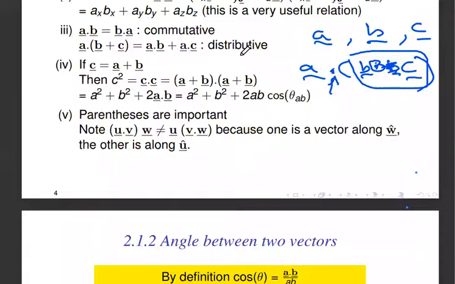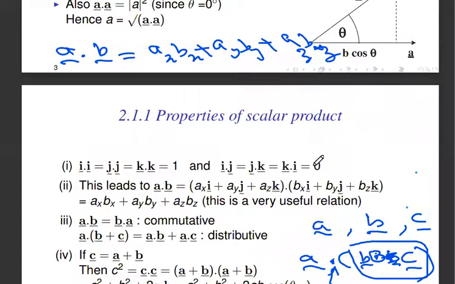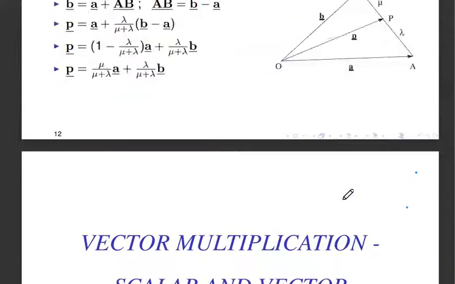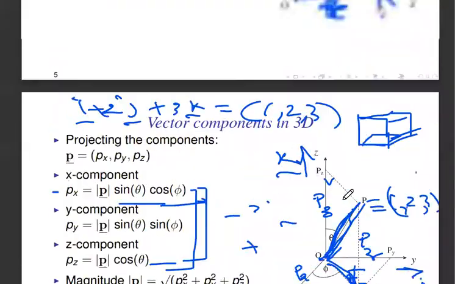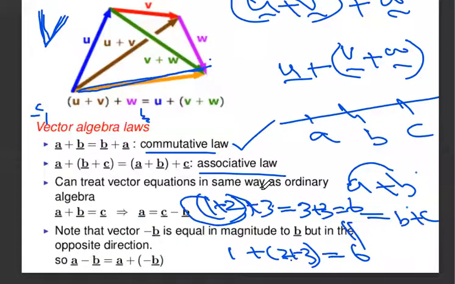Is the product associative? No, we cannot talk about associativity. Why? Because this is not defined, we cannot talk about this property. It doesn't have the associative property here.